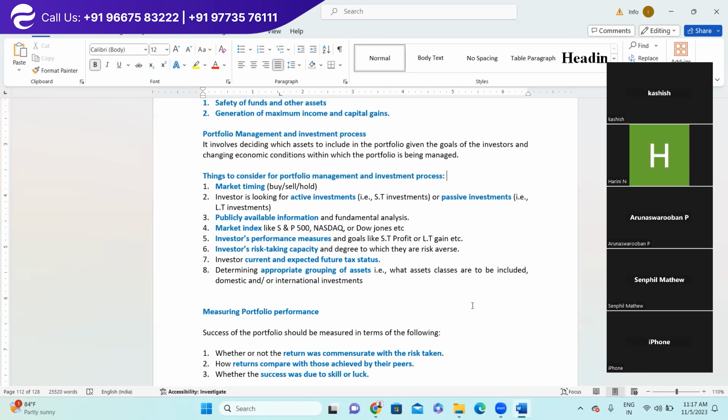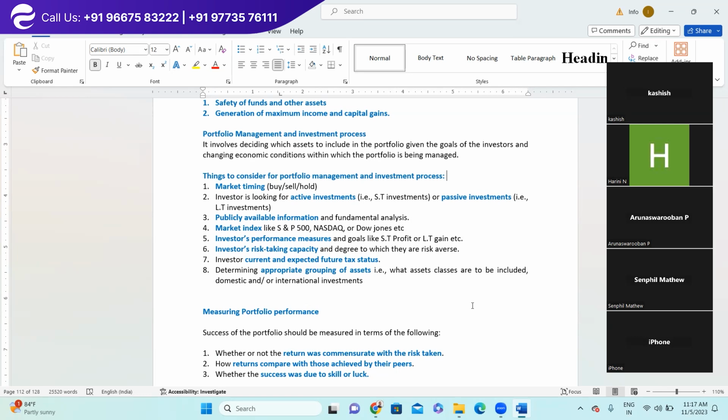So, things to consider for portfolio management and the investment process. Treat yourself like you are an investment management company or an investment manager, right? In that scenario, you are meeting a client who has given you a fund of, let's say, $1 million to manage and maintain.